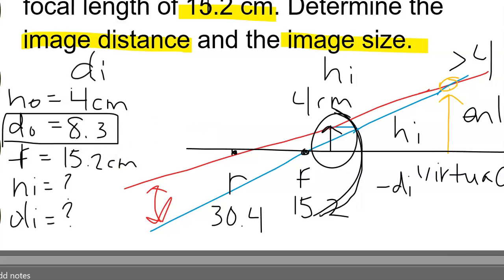Okay, so let us actually solve for this now that we know how to draw that ray diagram. First we need to use our mirror formula. So first let me zoom in so I can draw this a bit better.